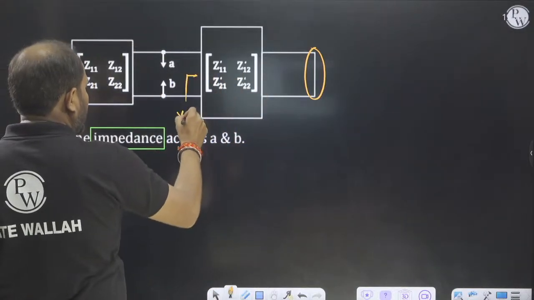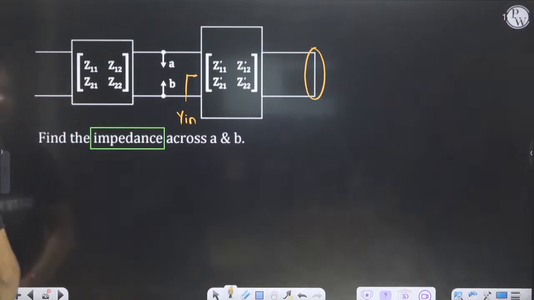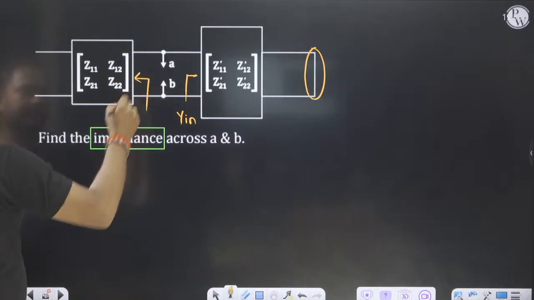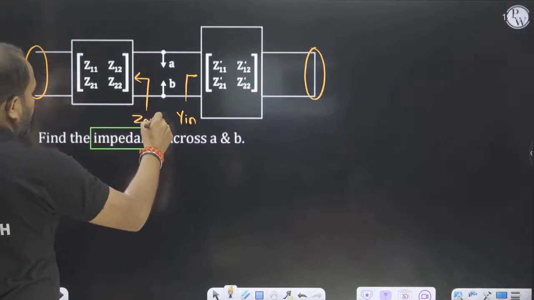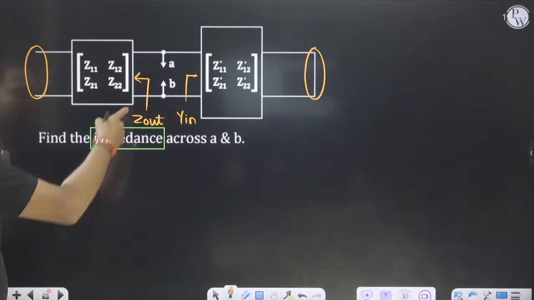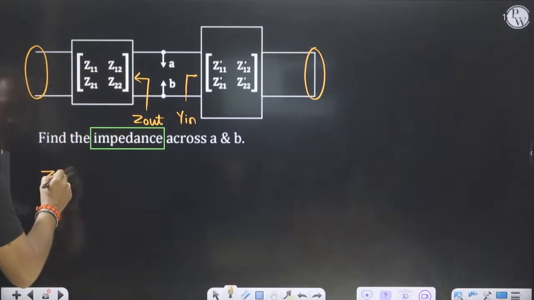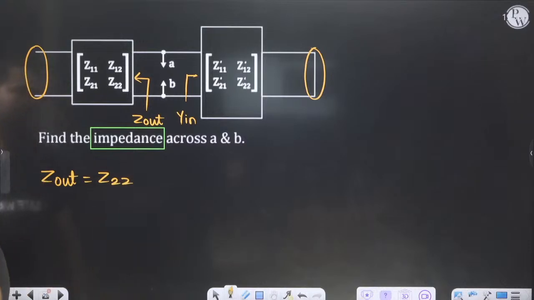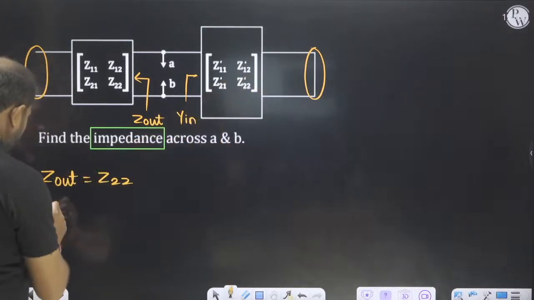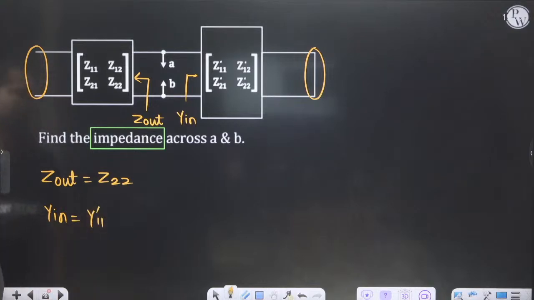So we have to calculate Y in. This is the output side, and open circuit. We have to calculate Z out. Z out will be equal to Z22. Y in will be equal to Y11 dash.